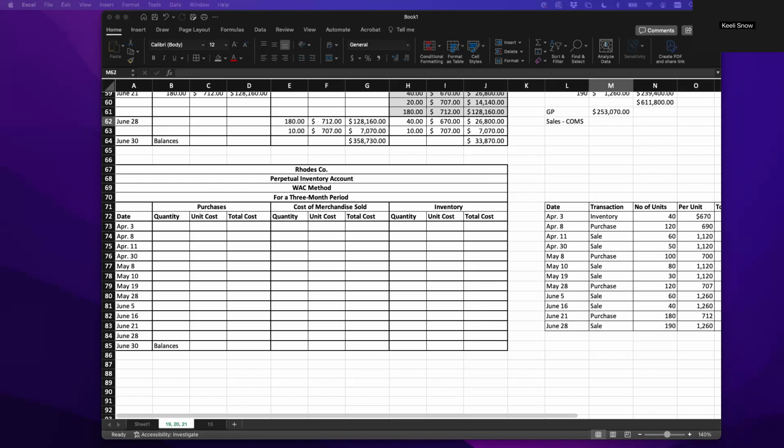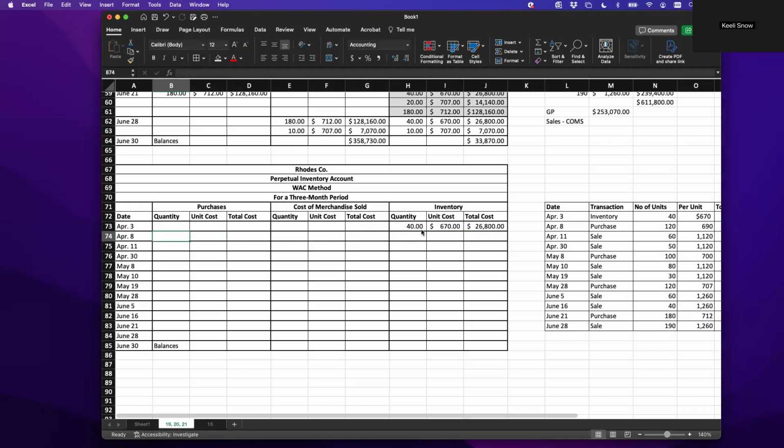So weighted average cost, again, is a little bit different. We're making a moving average of this unit cost in our inventory, but only when we purchase something. So we're going to start out with 40 at 670. 40 times 670 is 26,800.